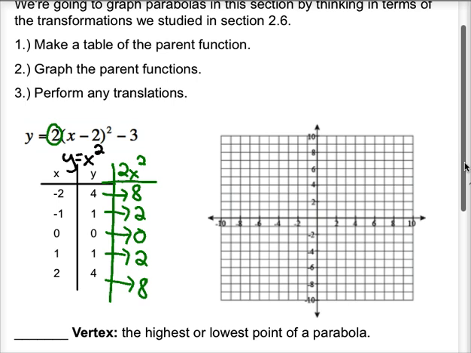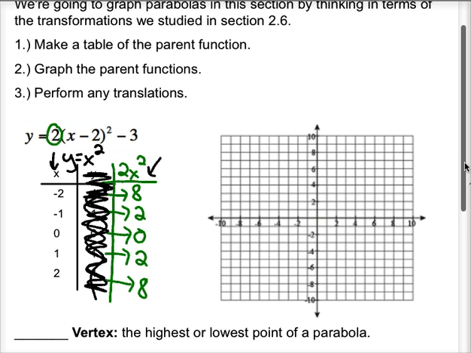So remember, that's how we deal with stretches. A stretch of 2 means I take all of those values and multiply them by 2. And then I don't even need this column anymore. I'm going to consider these x's and these y's. So that's what I'm going to plot.